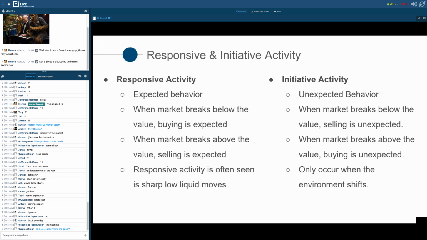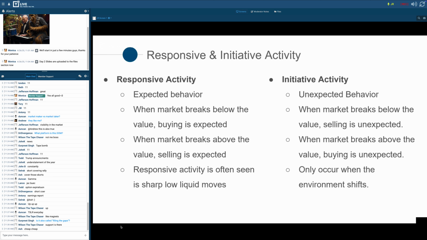Why are buyers buying responsively at value area low in, let's say, a D-shaped profile? Why are they doing that? Anyone? Support is there, but why is support there? Because it's perceived as an area of fair value in terms of price, right? Buyers find that to be a good price, right?